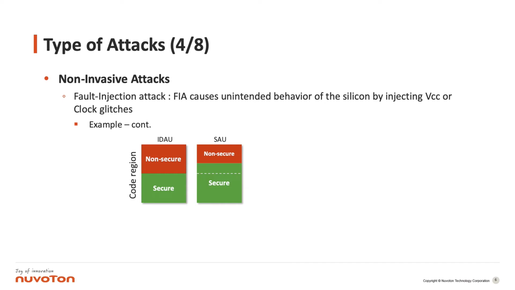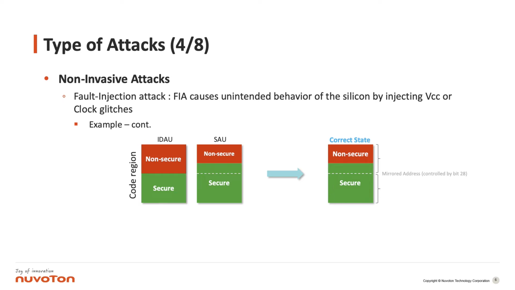After comparison, the attribute of this area will be secure. The figure on the left shows the settings of IDAU and SAU. The security attributes after comparison are shown in the figure on the right.